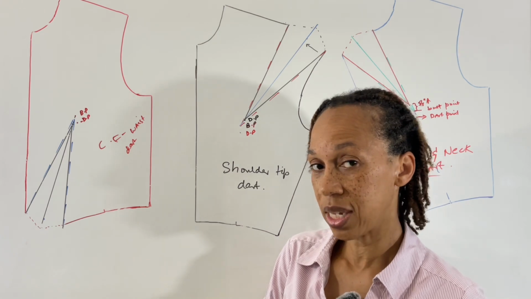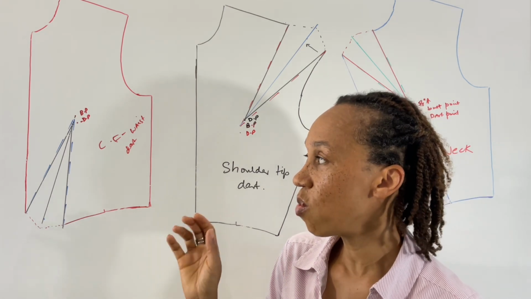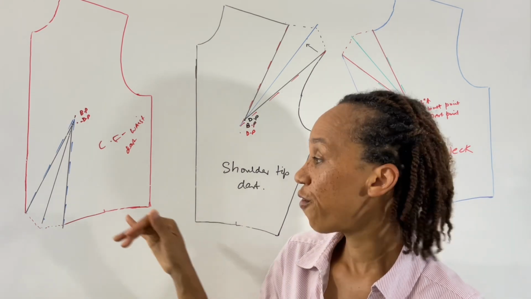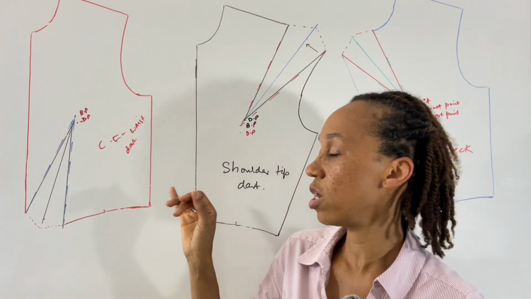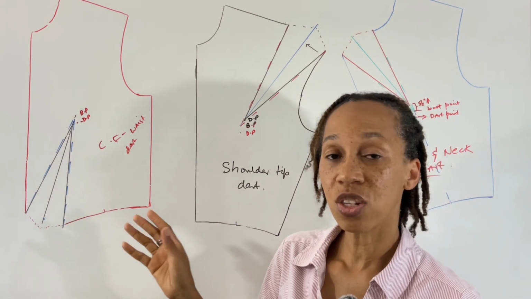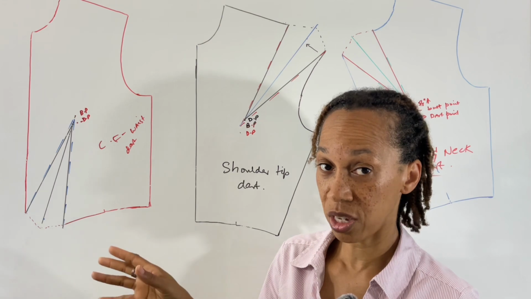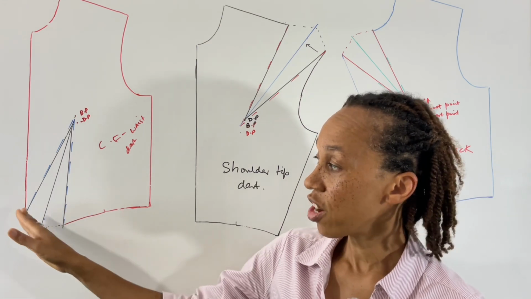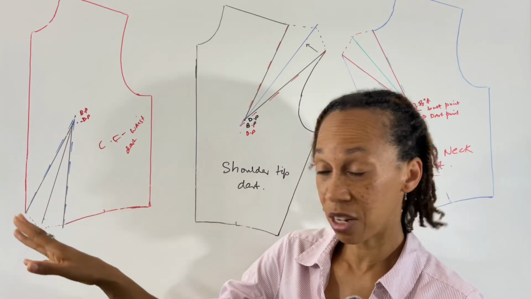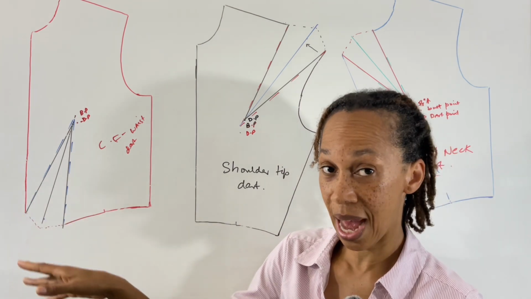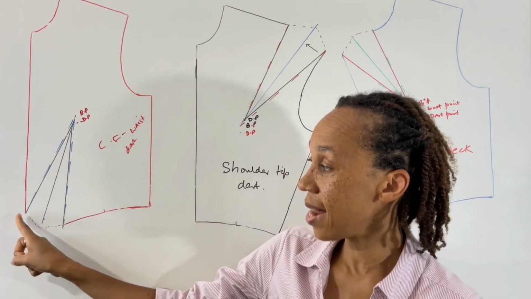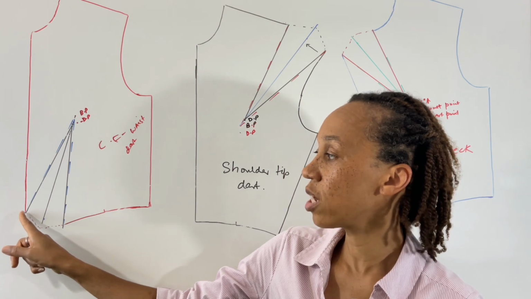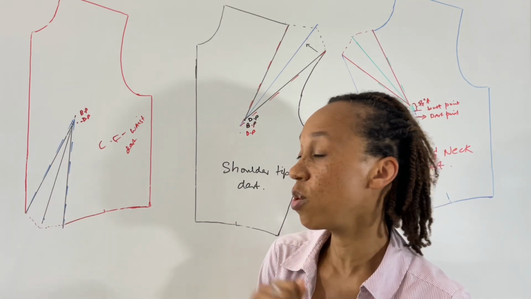Once you close it, then you're going to see where everything is. And in this case, you're going to fold it where your fullness is going to go towards your center front. Therefore, you're going to have excess over here, but that is fine because it's going to be on the fold anyhow. You will notice that your new dart line is going to be at the center front, at the tip, and where the waist meets.